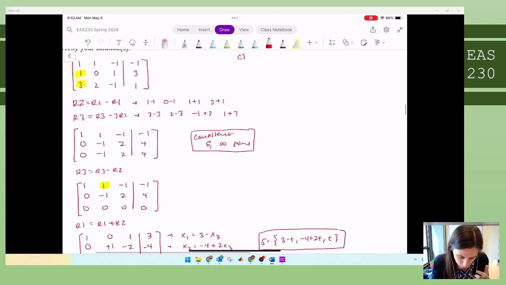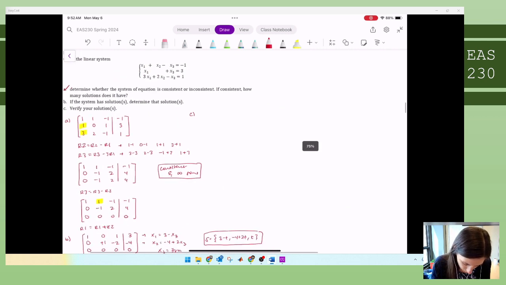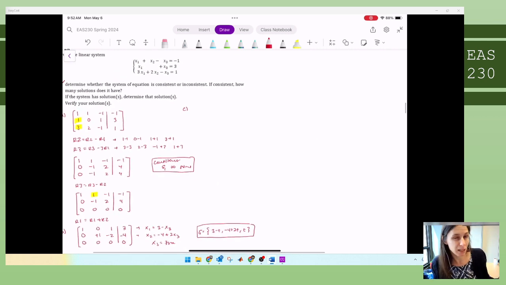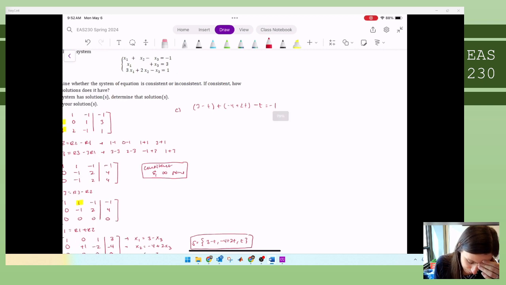And then C, verify your solution. So here's my solution, so I'm going to go ahead and plug it into my system. It doesn't say how many times to verify the solution, but let's pick equation 1. So equation 1: x1 is 3 minus t, plus x2, negative 4 plus 2t, minus t equals negative 1.